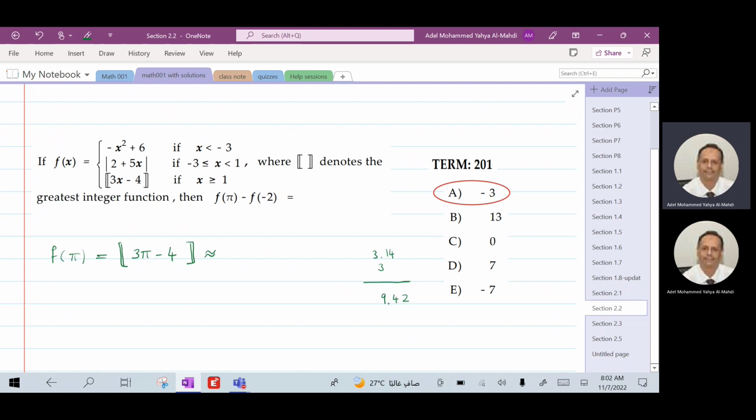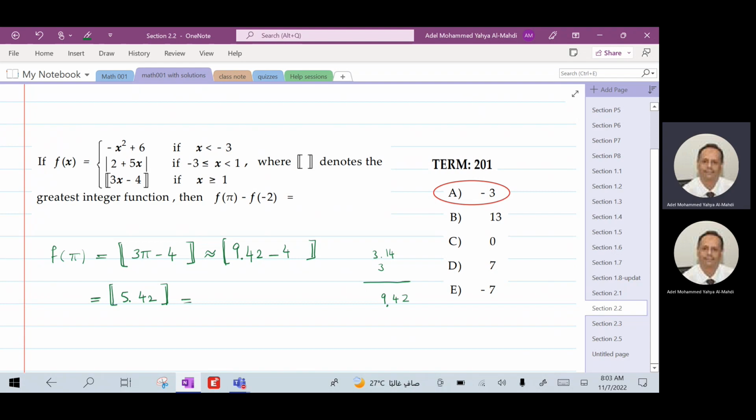The decimal sign is after 2 places, so it is 9.42. Then 9.42 minus 4 will be 5.42.